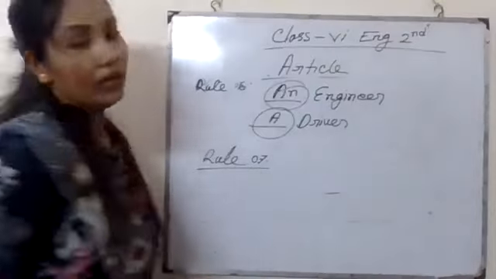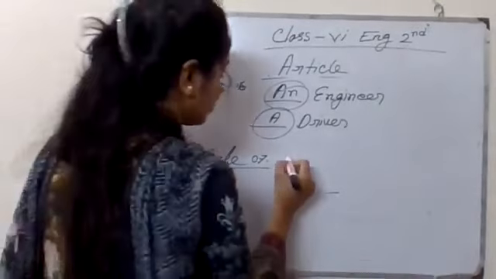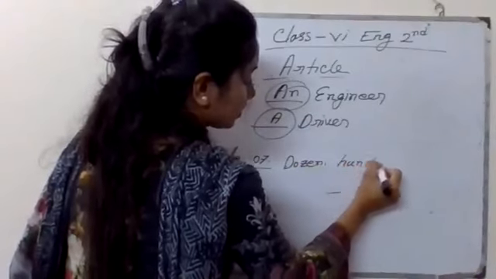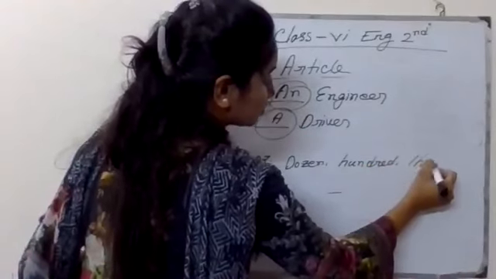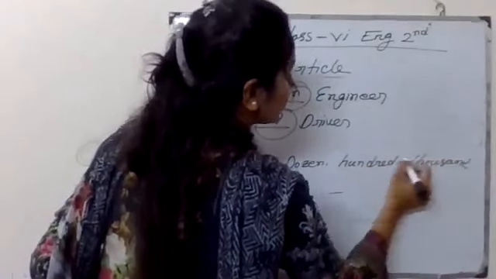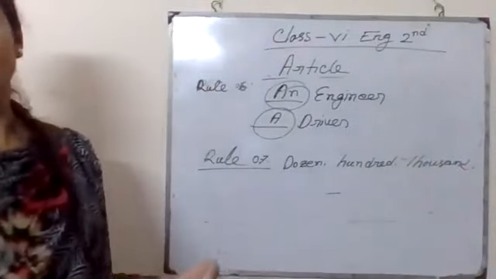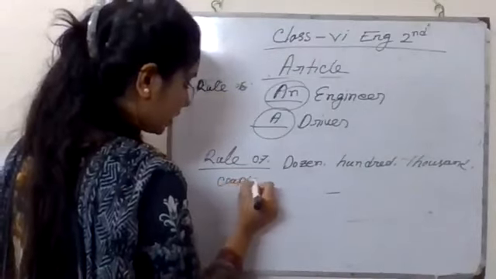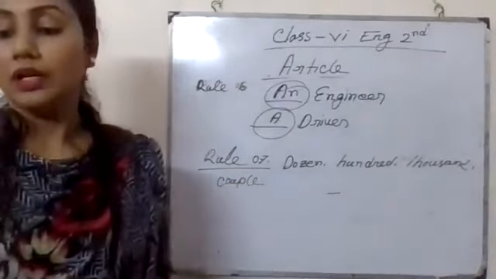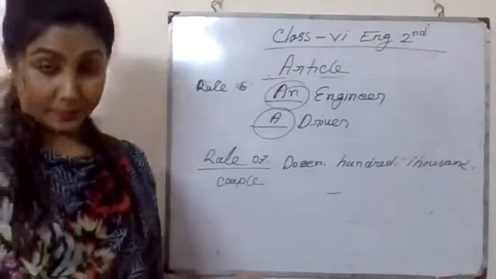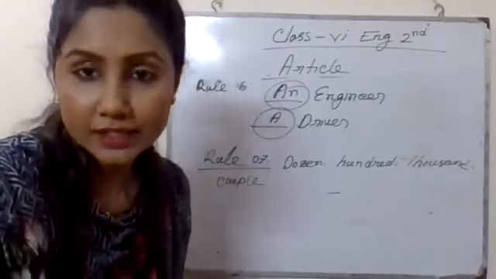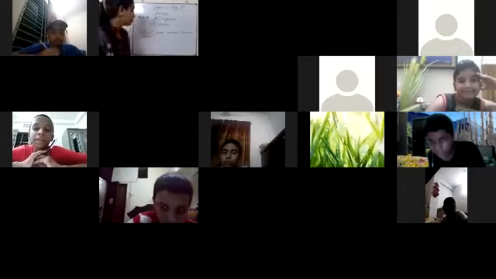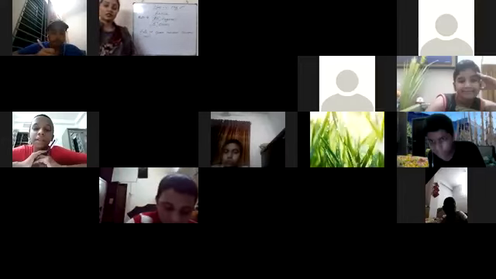Okay. Dozen, 100, 1,000, dozen, 100,000, couple. They are numeral expressions. So before a numeral expression, we have to use a.